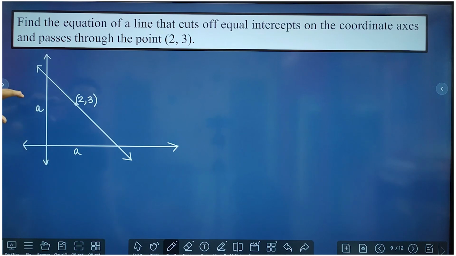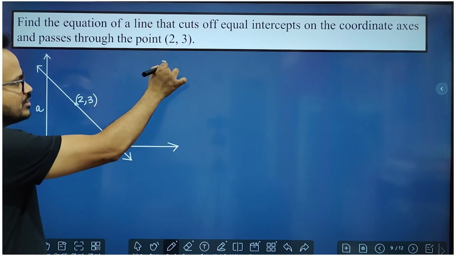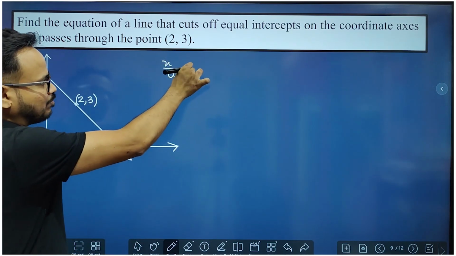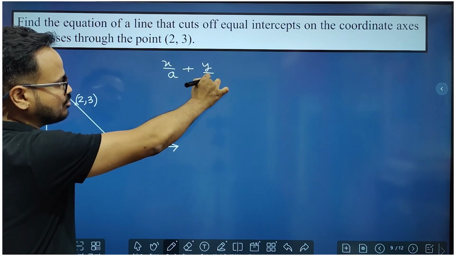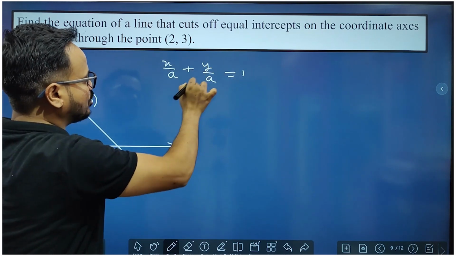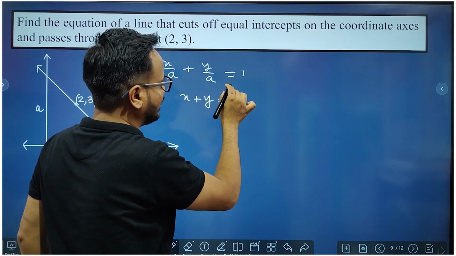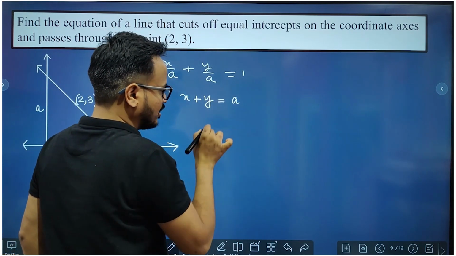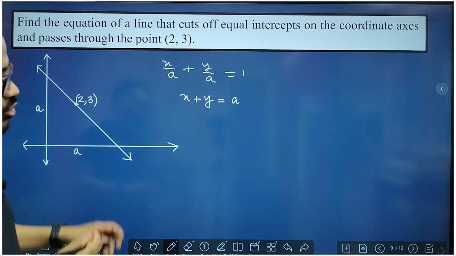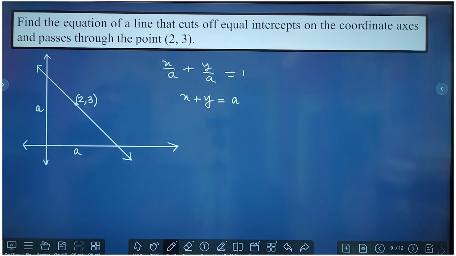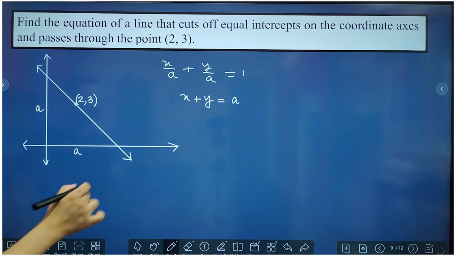Now let us apply the intercept form which says x by a plus y by b, but b is also a in this case, is equal to 1. So we can say that x plus y is a, right? So this is the equation of the line. But since this line is passing through 2, 3, then obviously this point is going to satisfy this equation.